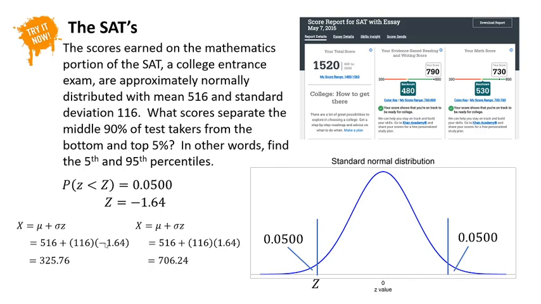The lowest level is going to be about 1.6 standard deviations less than the mean, or 325.76, and this one's going to be about 1.6 standard deviations above the mean, which is 706 or so. So the range of scores between the 5th and 95th percentiles will be 326 to 706.